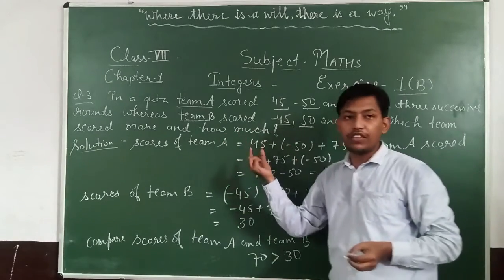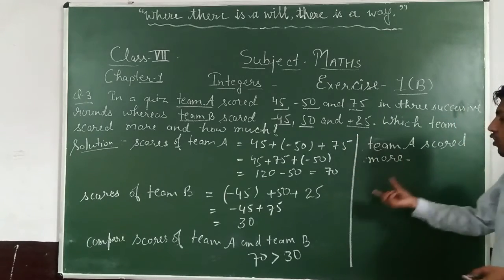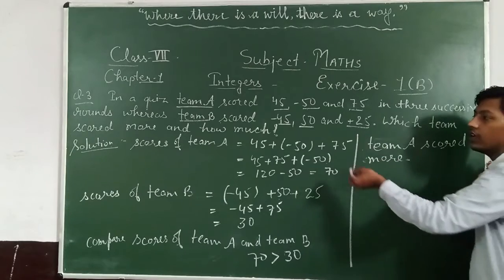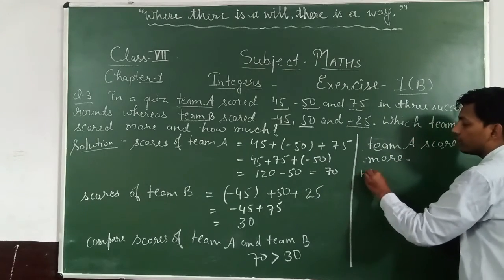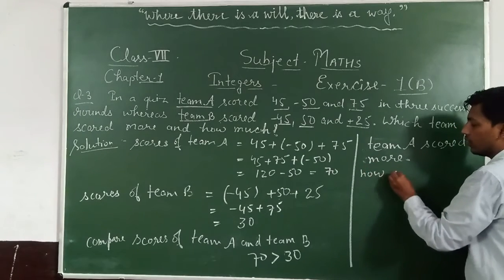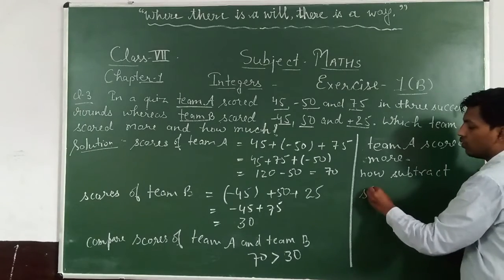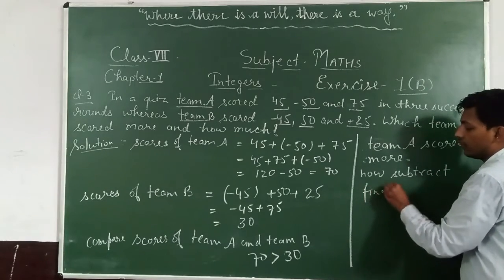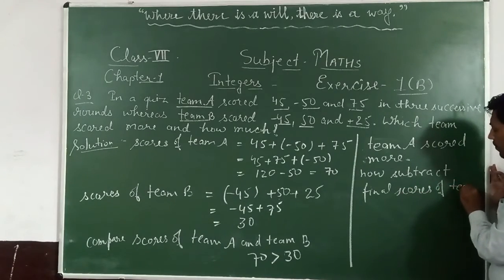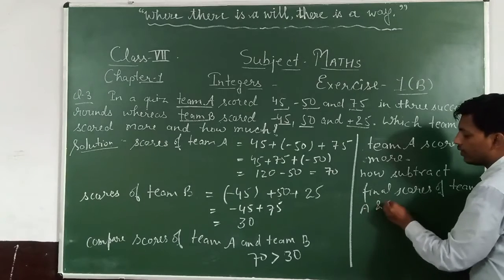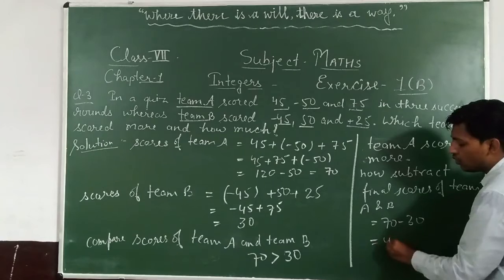Now, and how much? To find how much more team A scored, we will subtract the final scores of team A and B. We will get 70 minus 30 equals 40.